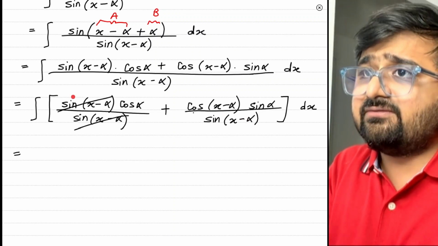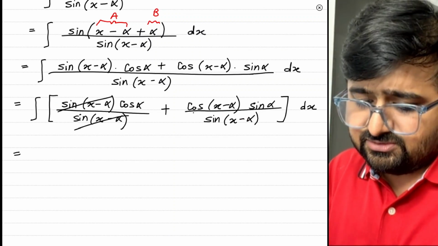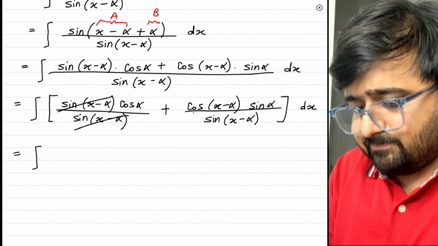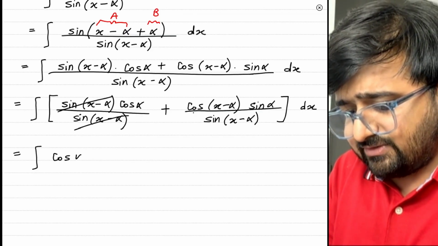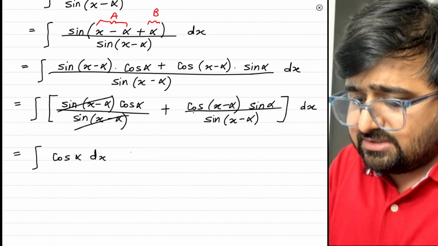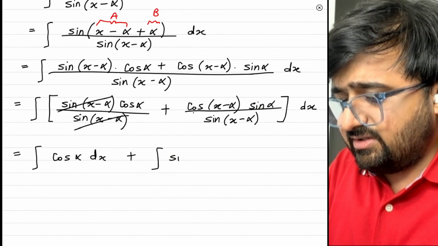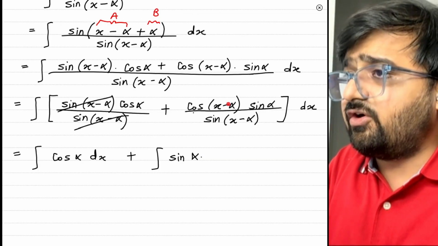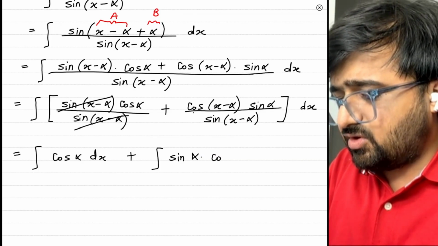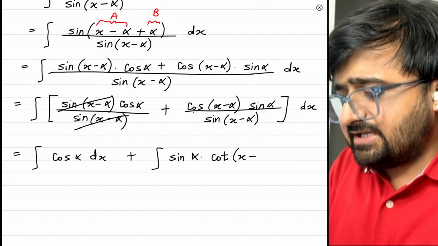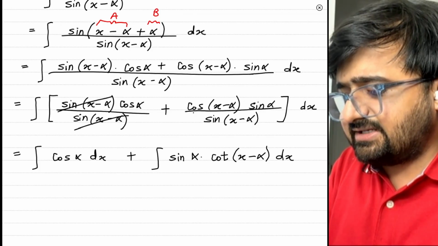And we can also give that integral to both of those terms. So the first term will become cos alpha with respect to x, plus the second term will become sine alpha, and cos divided by sine will become cot of x minus alpha, and again we have dx.